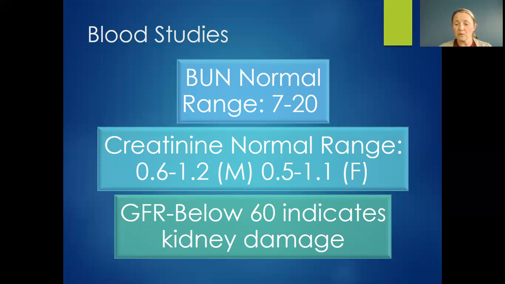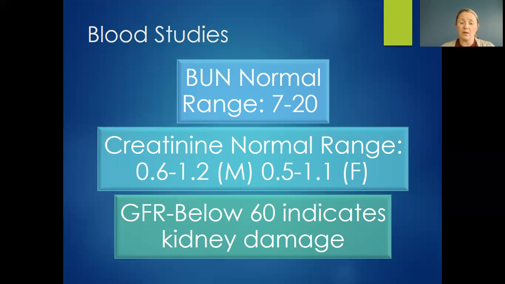GFR is the glomerular filtration rate. So how much blood is being filtered, the rate that blood is being filtered through the kidneys, the amount of filtration that's happening in the glomerulus. So GFR is going to tell you about kidney damage.